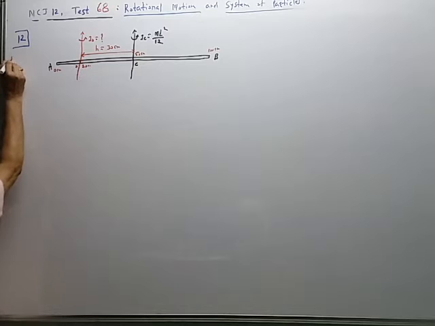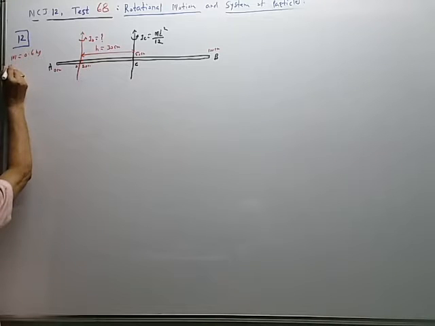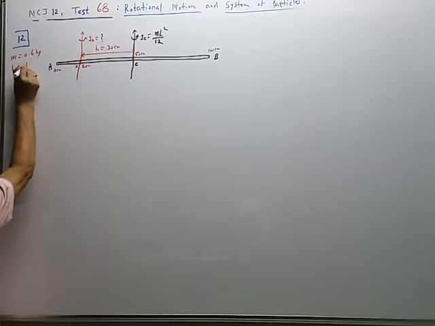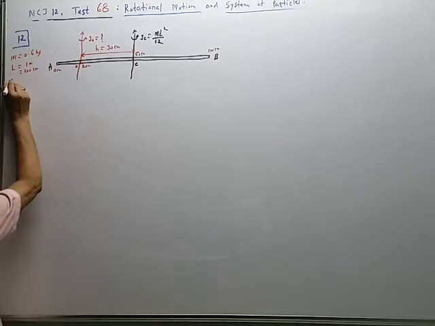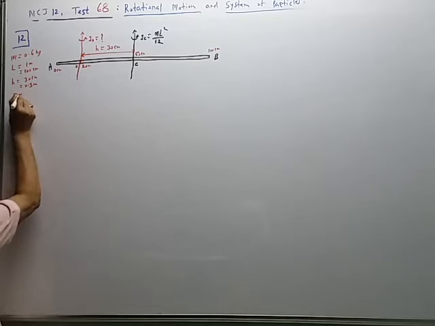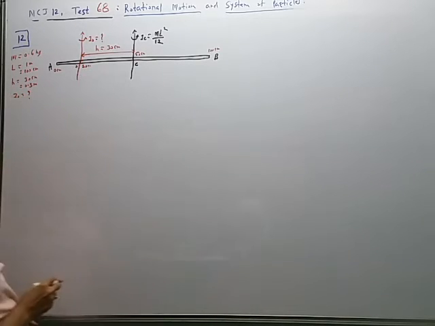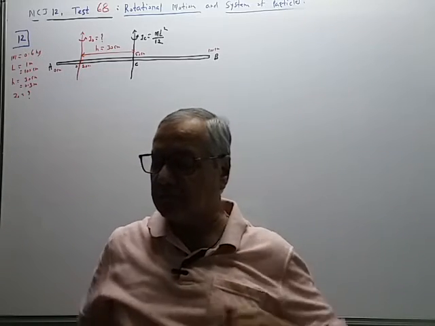So given, M is equal to 0.6 kilogram, L is equal to 1 meter is equal to 100 centimeter, H is equal to 30 centimeter is equal to 0.3 meter, IO is equal to question mark. So we use the parallel axis theorem because these two axes are parallel.